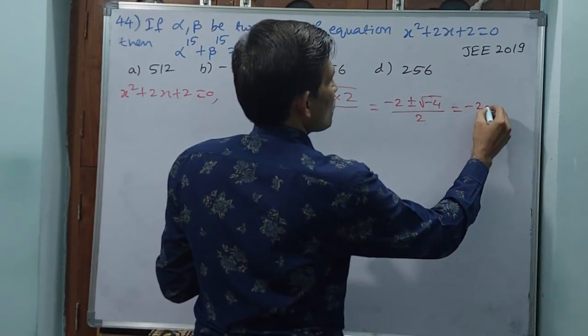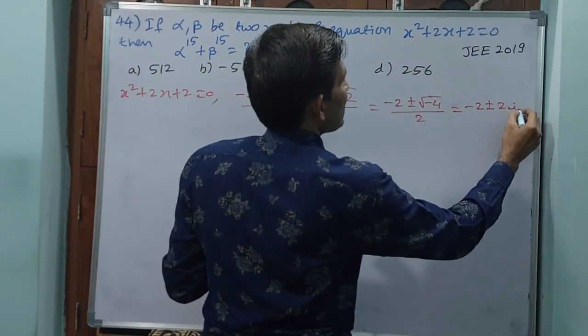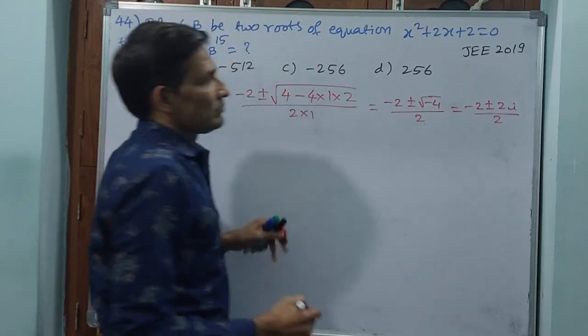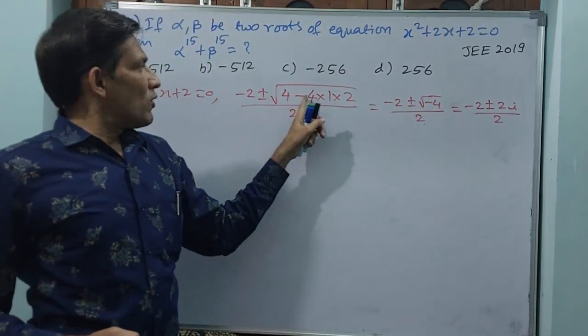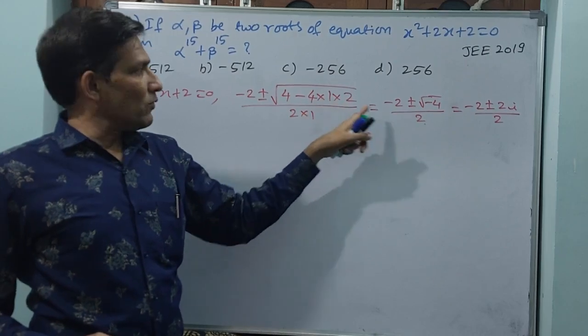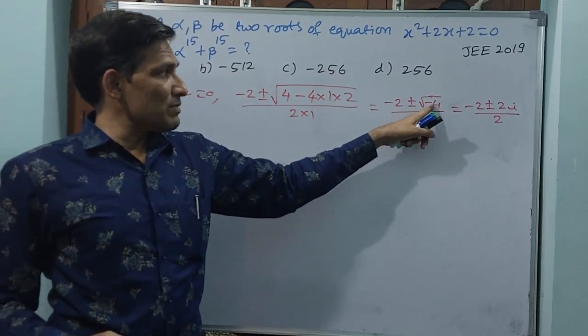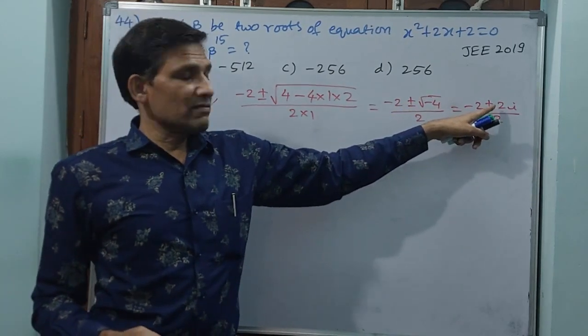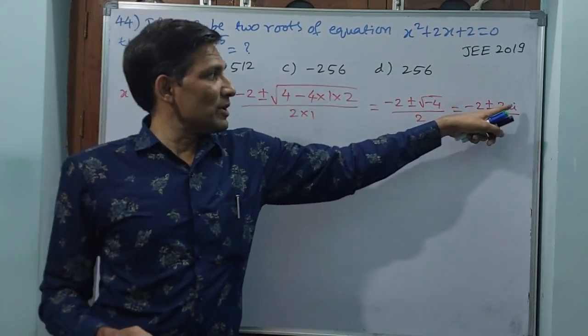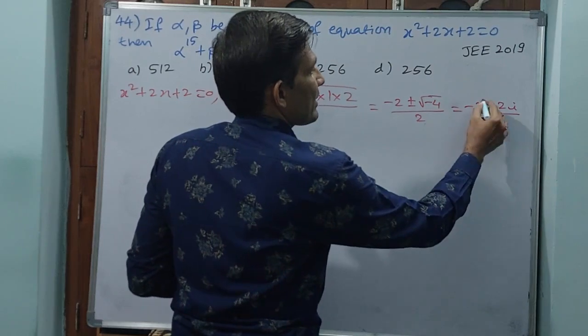Minus 2 plus or minus 2I by 2. 2I, why? Because see, 4 minus 8 is minus 4. Minus 4 means minus 1 you keep and 2 you bring outside. Minus 1 if you keep automatically becomes I. Okay. Now what will happen?